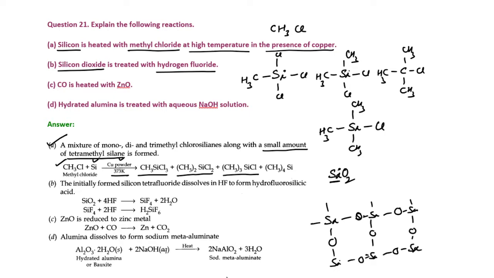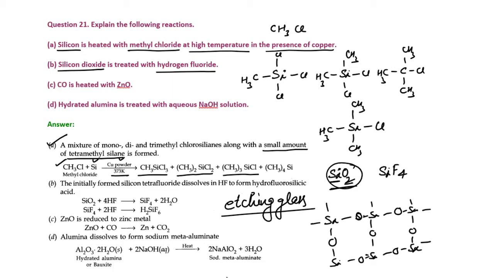So when this SiO2 is dissolved in HF, that is called etching of glass, because in glass there is SiO2. We are writing on the glass because of this purpose. SiO2 dissolves in HF to give SiF4.